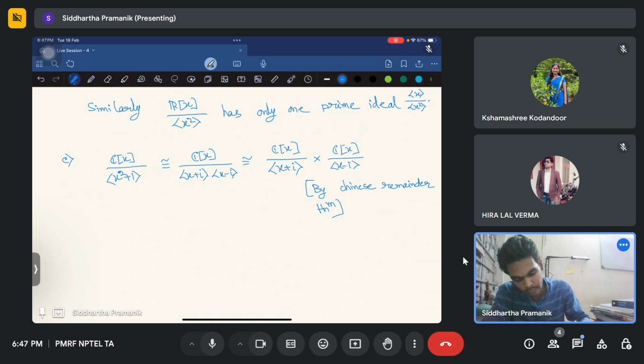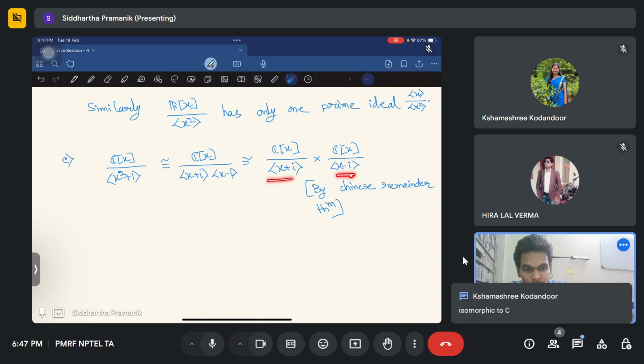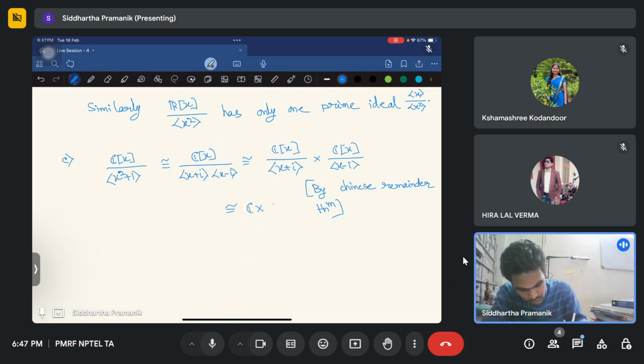Now, what about these two rings? Can you identify these two rings with something known? Yeah, both are isomorphic to C by a similar reason as we have done in the earlier cases. So this is C cross C. Now what about the other one, C[x] mod (x^2 - 1)? This is also C[x] mod (x + 1)(x - 1).